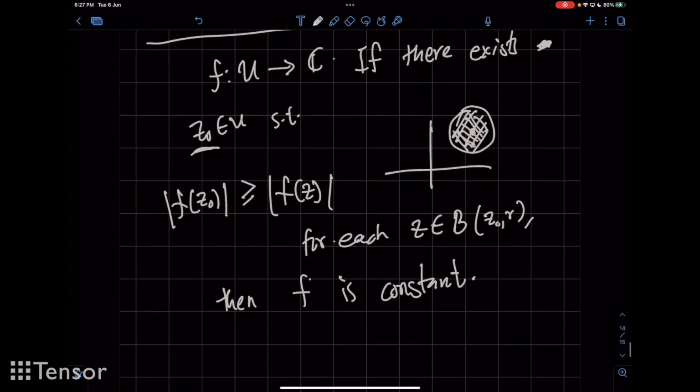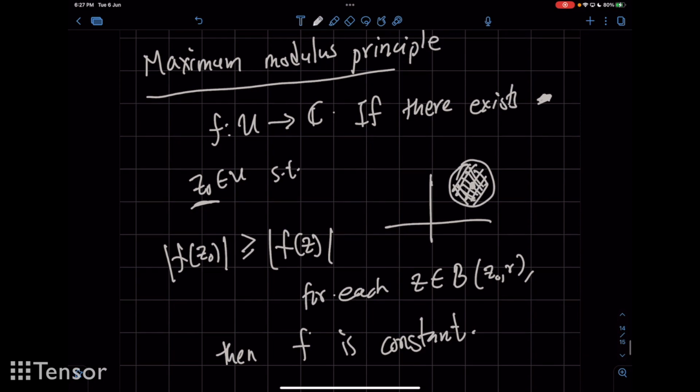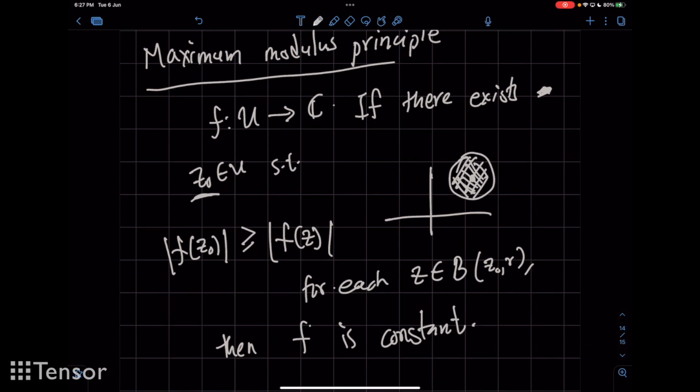That means if there exists some complex number z0, and some open ball centered at z0, such that inside that open ball, the modulus of f is maximum at z0, then we must have that f is a constant function. It's a local max. Yeah. So the modulus of f is locally maximum at z0. If this happens, then f must be a constant function.